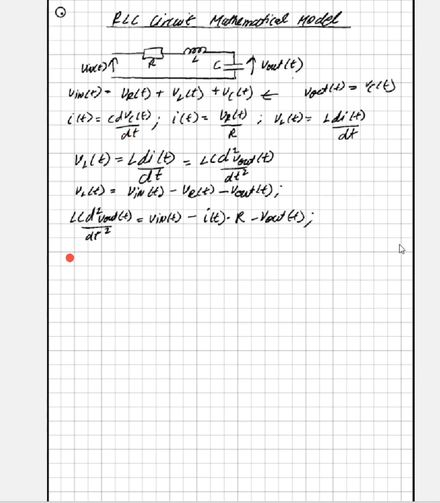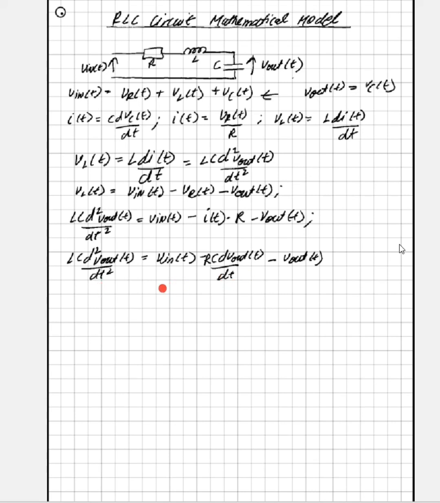So we can replace that. So this is an equation which only contains voltage input and voltage output, and that's what we want to be able to create the graphical model.